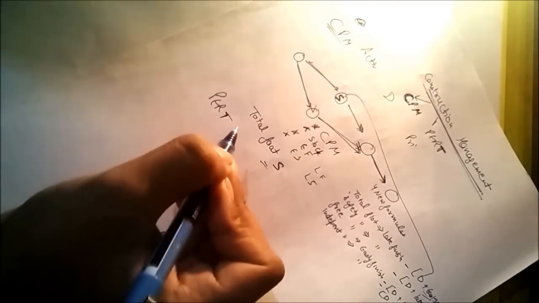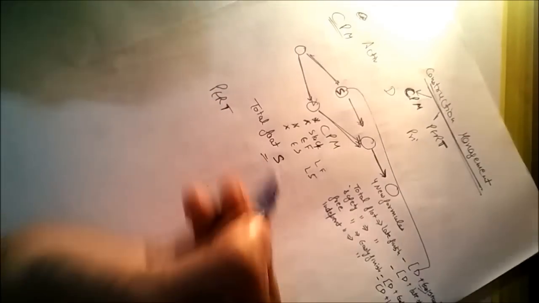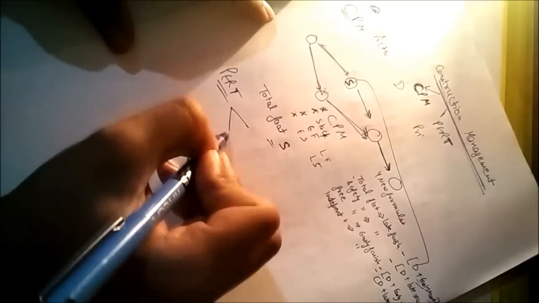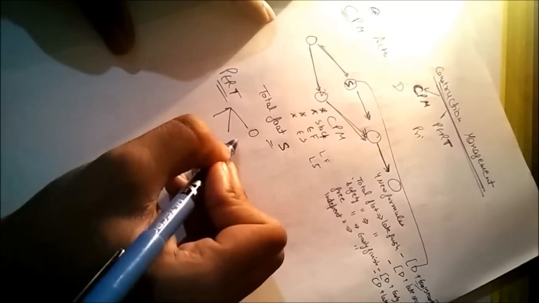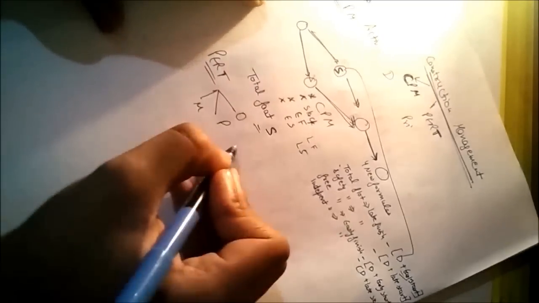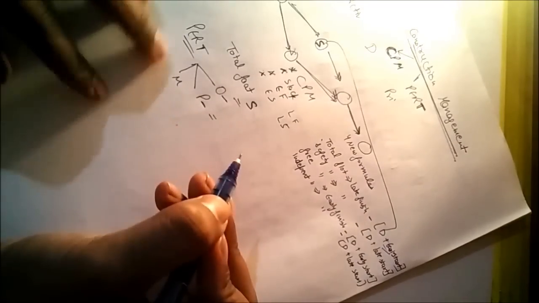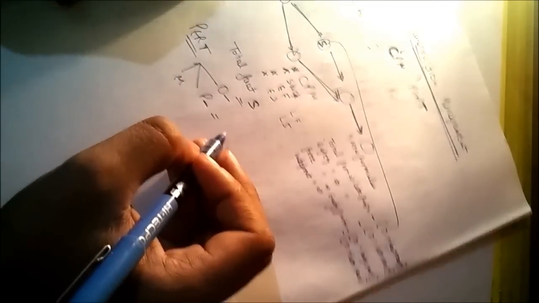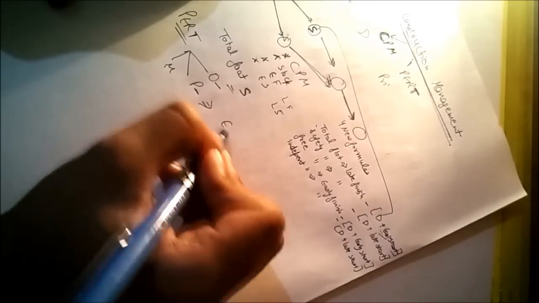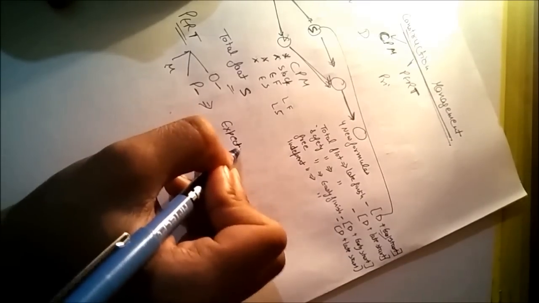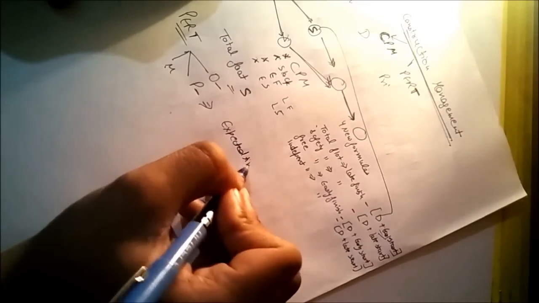And now PERT is probabilistic, as we all know. It just depends on three times: optimistic, pessimistic, and most likely. Optimistic, when the conditions are good; pessimistic, when conditions are not good; most likely, when conditions are in between. Now the main question comes from expected time.